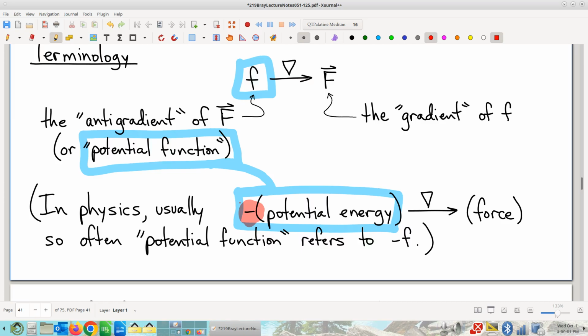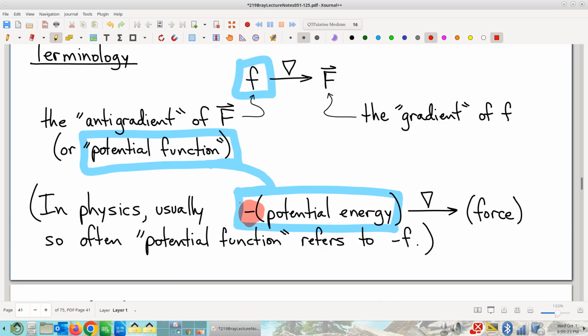So let me now explain. Hopefully you probably already see where I'm going with this. I find it a little awkward that they call this a potential function. It's the negative of the potential. It's not the potential, it's the negative of the potential. That seems really confusing to me, that they give a name that kind of sweeps a minus sign under the rug. Minus signs matter, right?